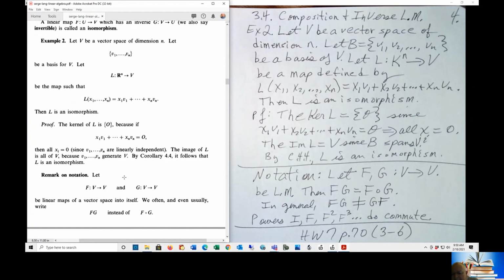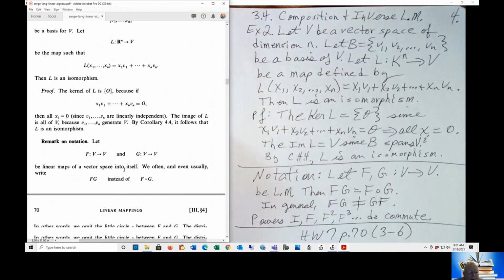Generally speaking, FG is not equal to GF. However, powers of mappings commute, like the identity mapping, which would be f to the 0 power, and then you have f to the first power, f squared, f cubed. They do commute. So this was a short lesson for this section.